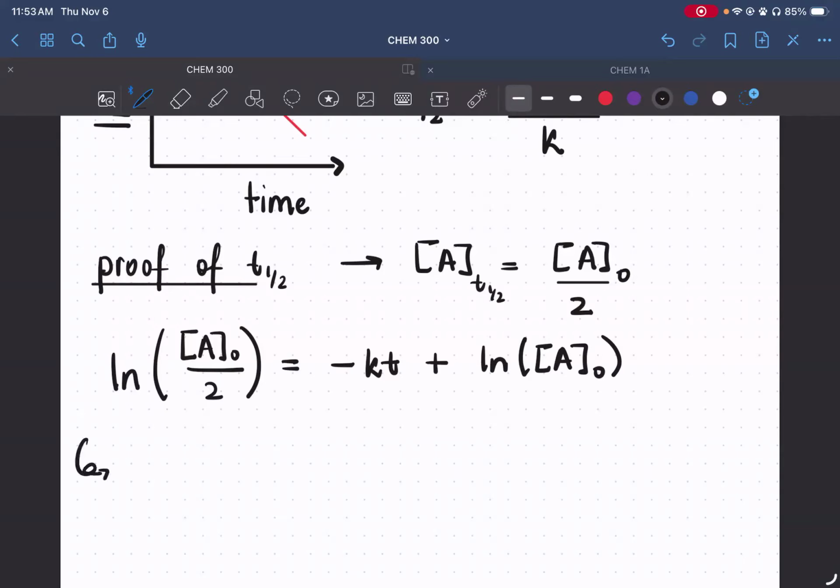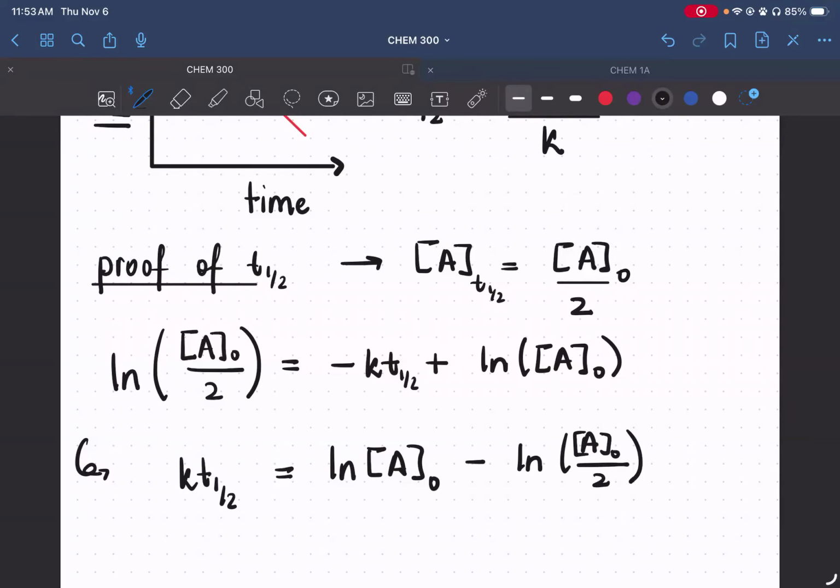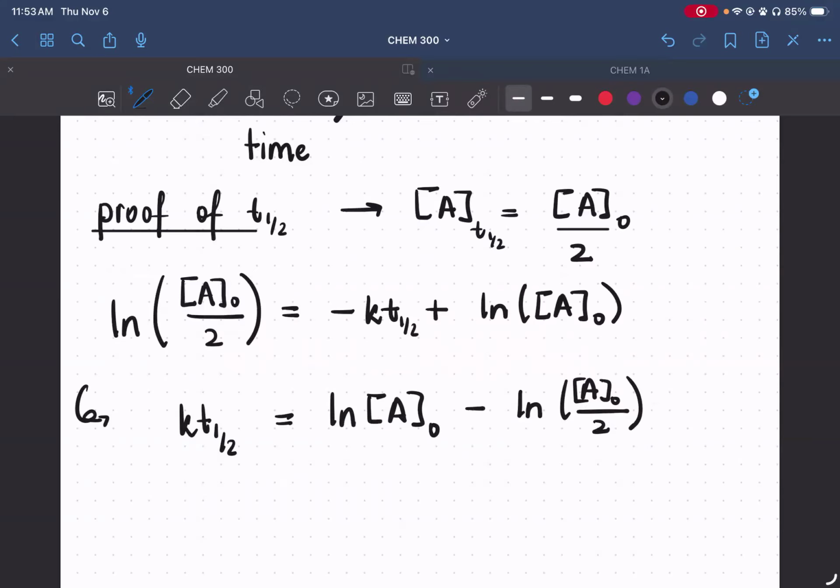Rearranging just as we did the previous one, this leads us to kt is equal to ln A naught minus ln A naught over 2. Whoops, kt half.